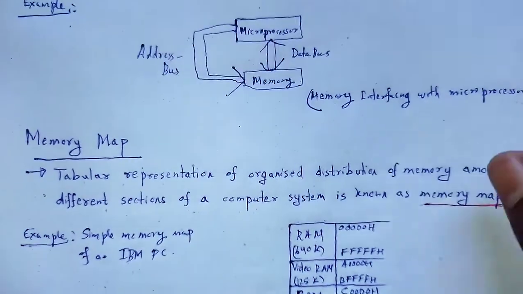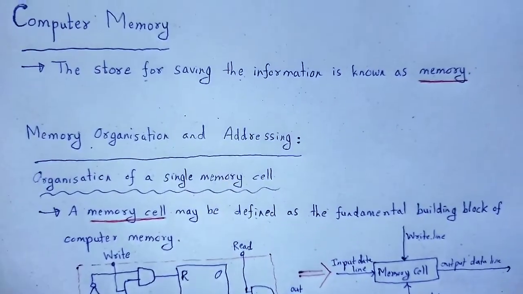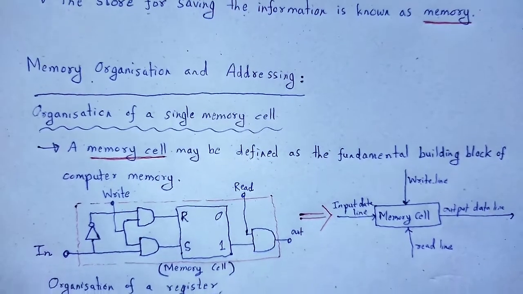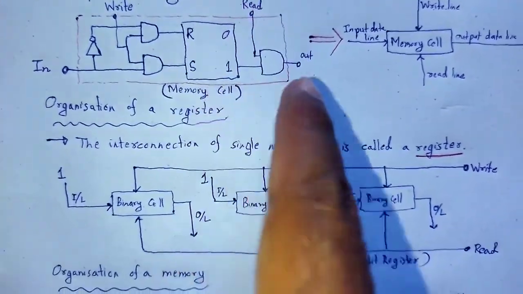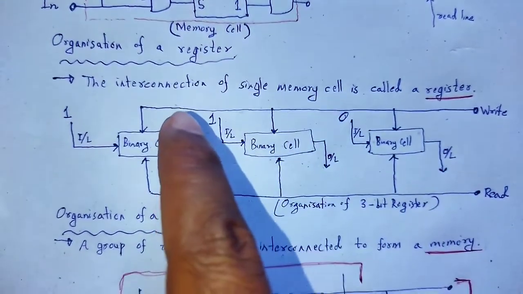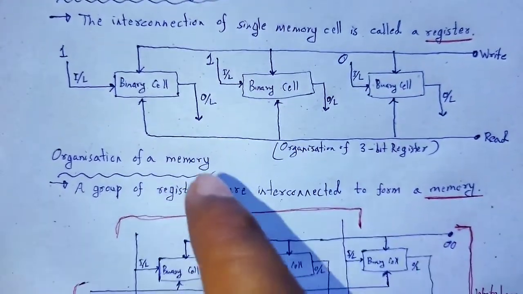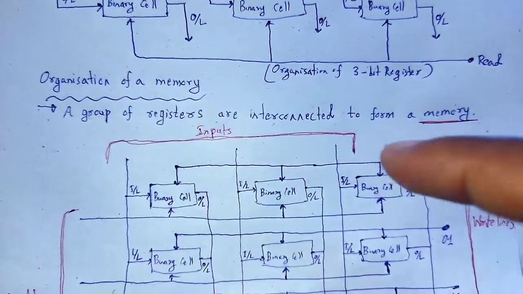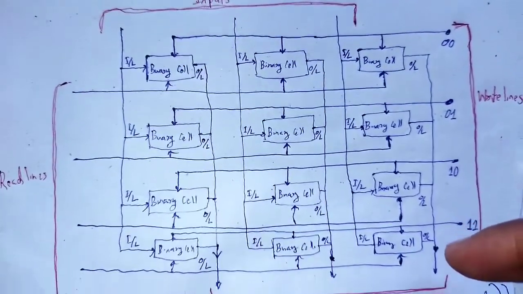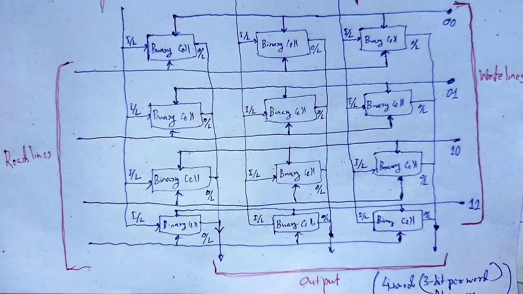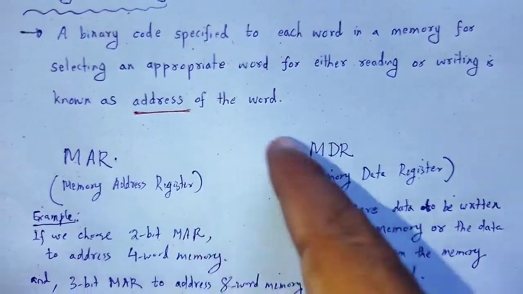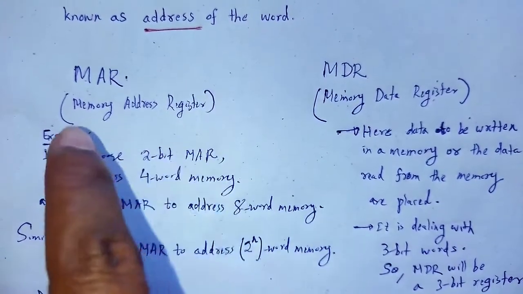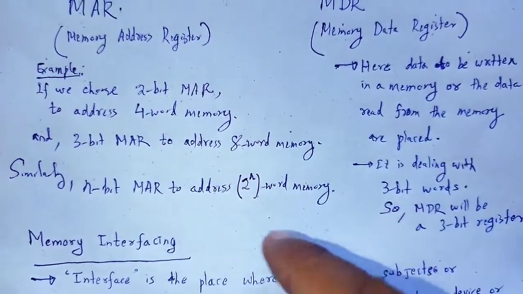So here, with the help of this video lecture, we understood computer memory, organization and addressing of computer memory. First, organization of a memory cell, next organization of a register, then organization of a memory, memory addressing and classification of a register on the basis of memory addressing, MAR and MDR.